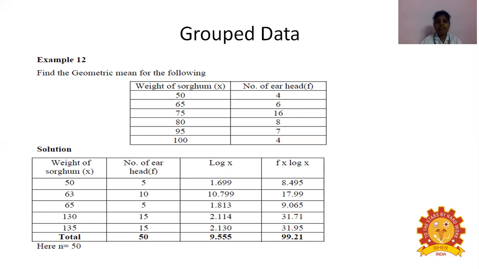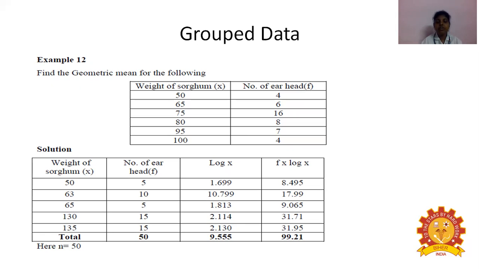Next, the last column, F x log X. So F into log X. F is 5, X is 50, log X value is 1.699. Next, 10 into 63 into 1.799 equals 17.99.